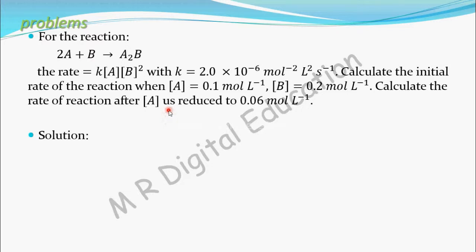and also calculate the rate of the reaction after A is reduced to 0.06 mole per liter. This is what is given: the reaction 2A plus B gives A2B. He gave the rate law and rate constant for that reaction, and also the initial concentration of A and initial concentration of B, and asked to find the initial rate of the reaction, and also the rate of the reaction when concentration of A is reduced to 0.06 mole per liter.